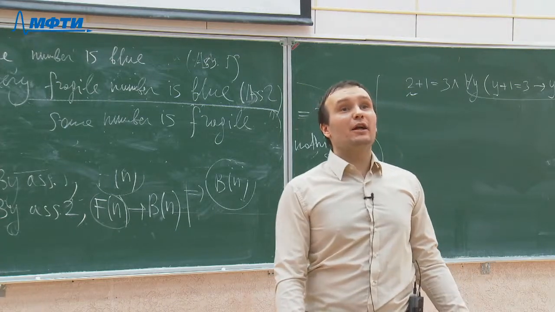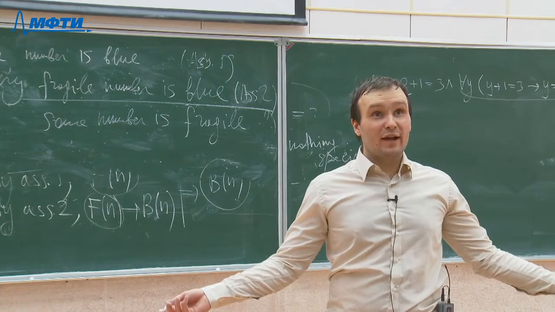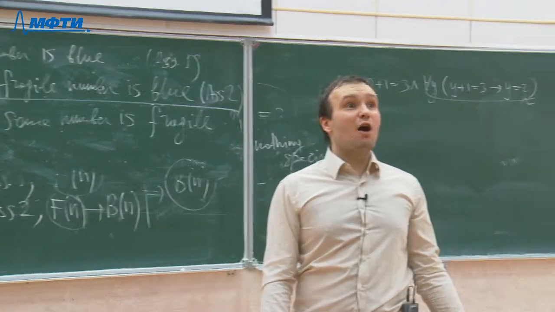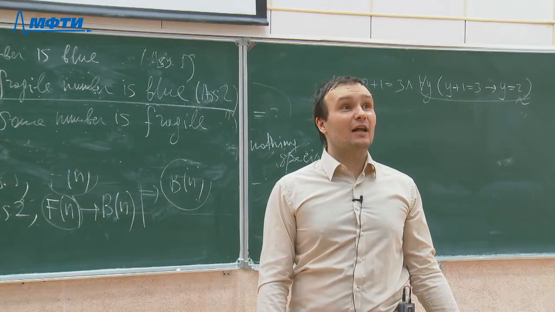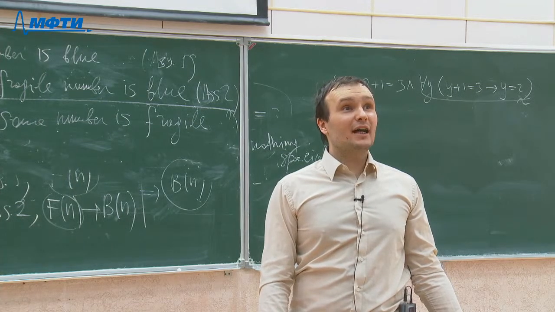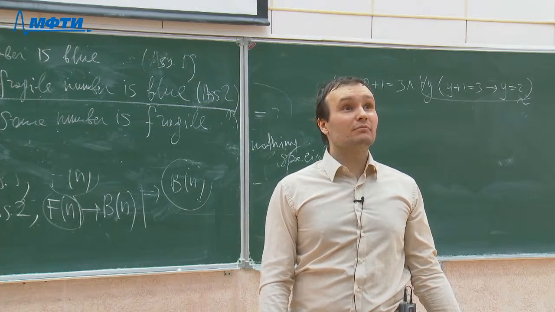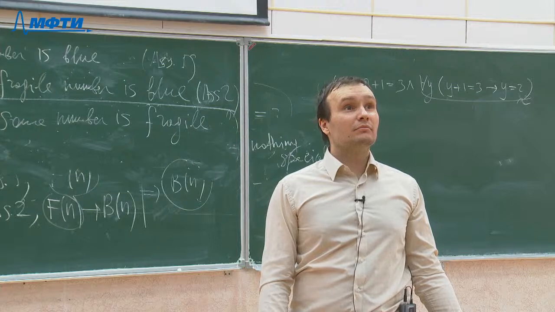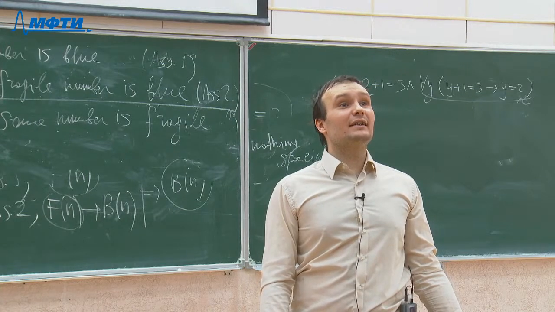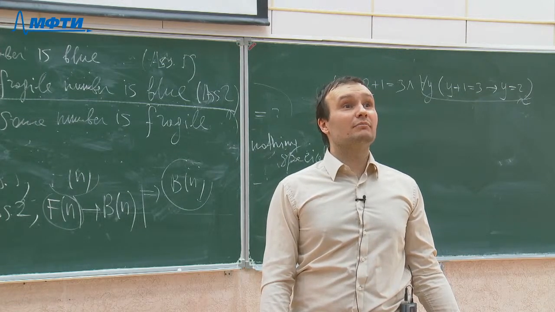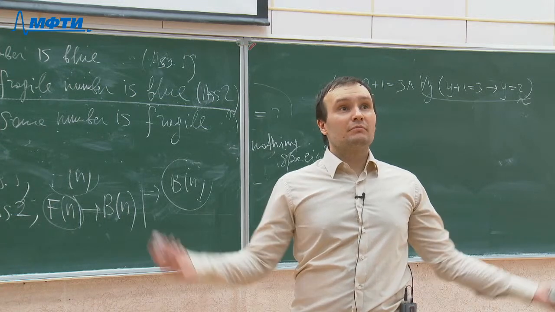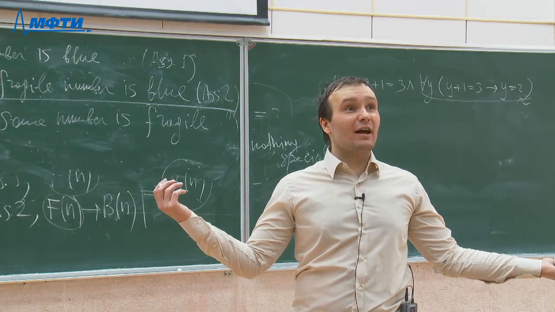Can you imagine a world, a state of affairs, where both our assumptions are true, but the conclusion is false? What does it mean that the conclusion is false? There are no fragile numbers.